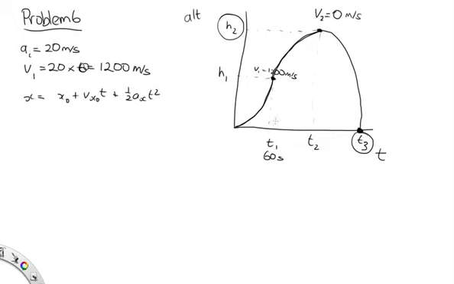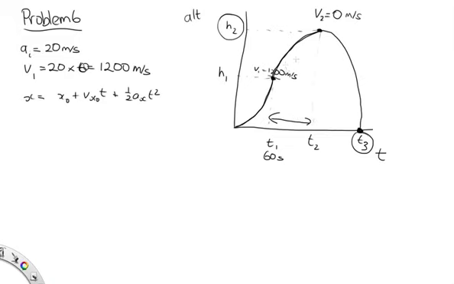And what we're interested in looking at is this time period here. So we're going to need to know the initial height at this period, which we do know. We'll need to know the initial velocity, which is here, and we'll need to actually know the time lapse here.